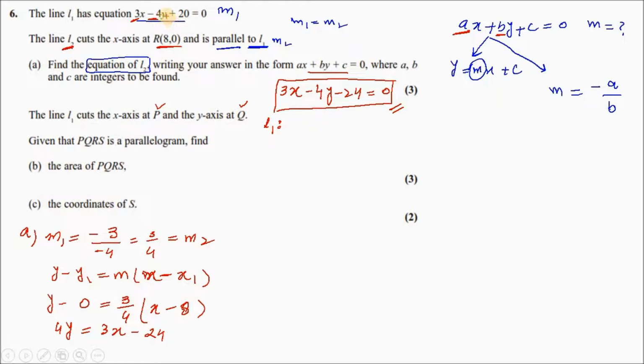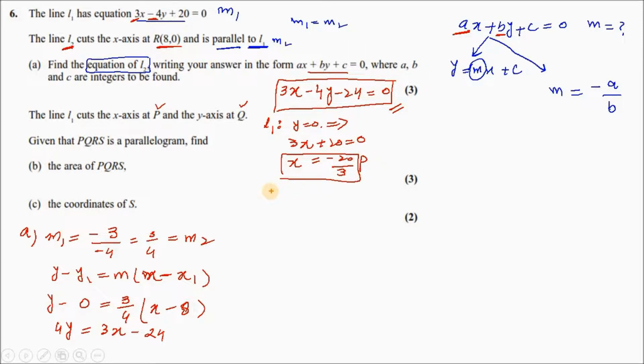If y equals 0, this implies that 3x plus 20 equals 0. That means x is equal to minus 20 upon 3. This is the x-intercept, meaning this is the point P.